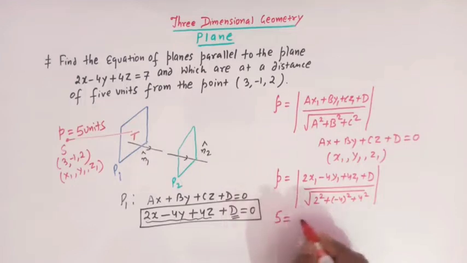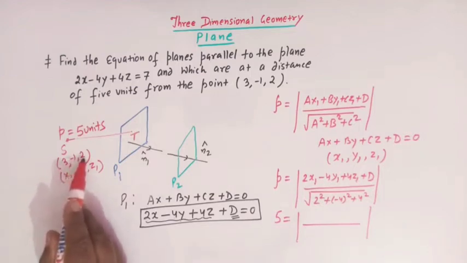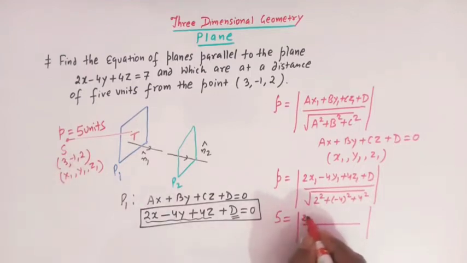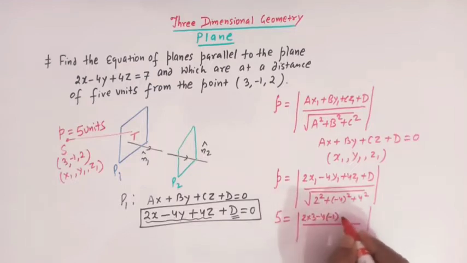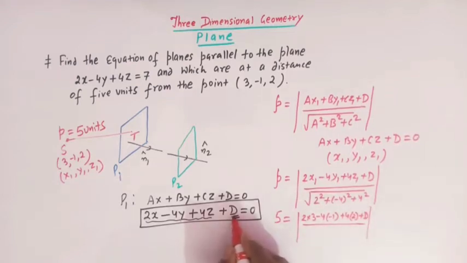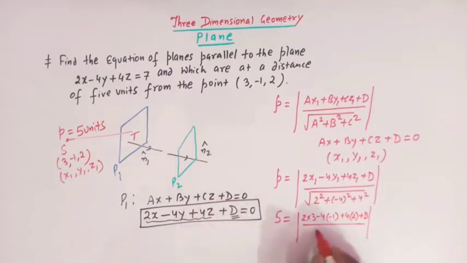So now we can write 5, and here x1, y1, z1 can be taken as 3, minus 1 and 2. So we have 2 times 3, then minus 4 times minus 1, and 4 times 2 plus d, right? Because this d is to be determined. And in the denominator we have 16 plus 16, that is 32, plus 4, that is 36, right?